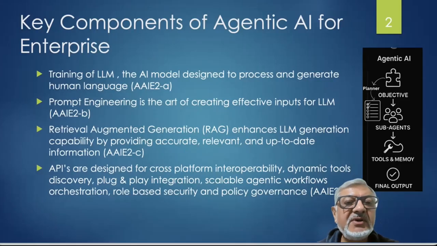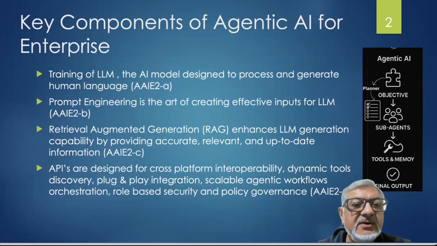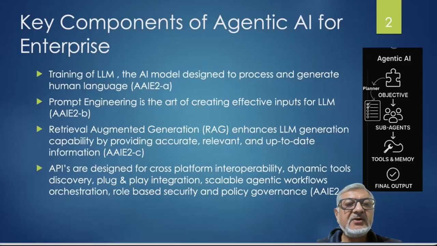So APIs form the key component for agentic AI for enterprise because they are required to manage the interoperability of the agents. They are required to interact with dynamic tools, for discovery, plug and play integration of various agents, and orchestration of the workflows.